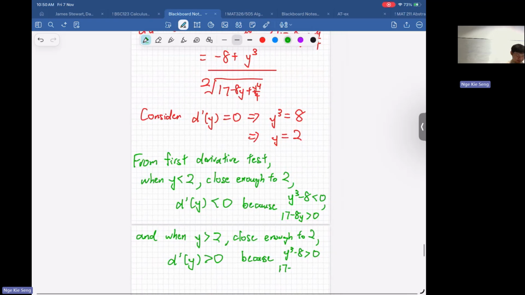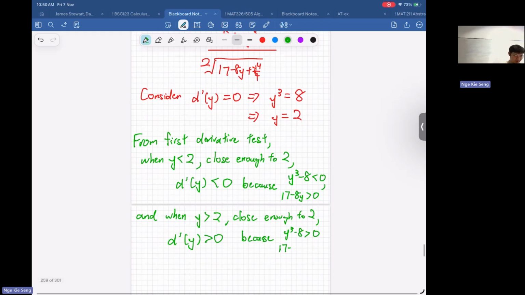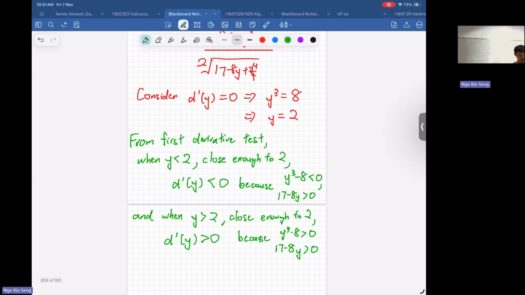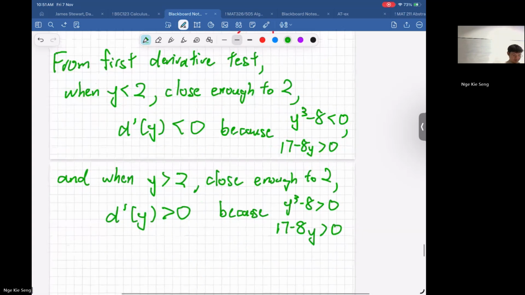how about the next part? If it is close enough to 2, we can make sure that 17 minus 8y is greater than 0 as well. Close enough to 2, so very close enough to 16. So this is true.